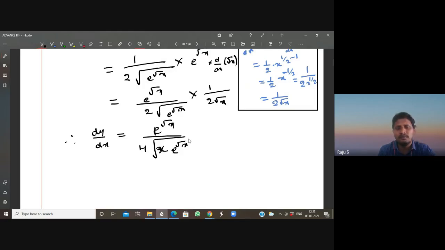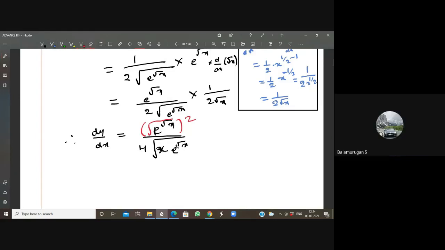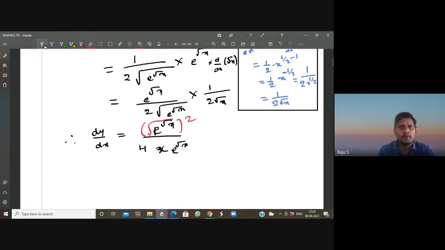Okay, if you want to cancel, see, this can also be written. Shall I write this numerator again as square root of whole square? In the denominator also, shall I write it separately? Shall I cancel this 2?